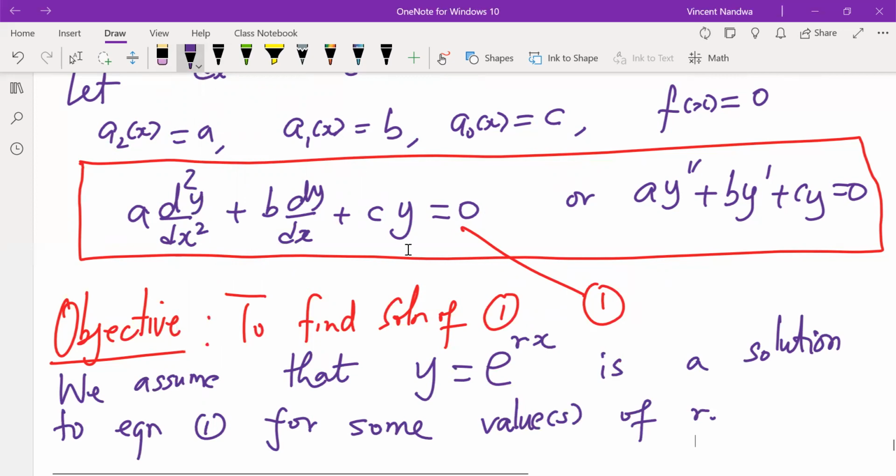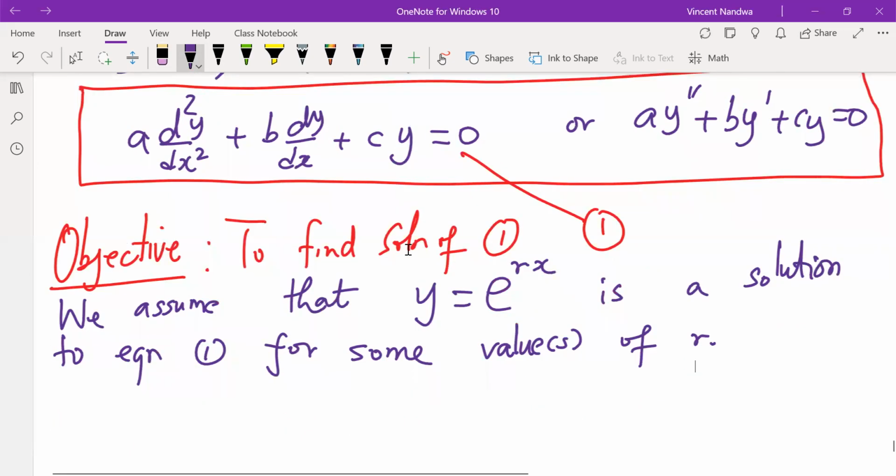Now, if y equals e raised power rx is a solution, and because we have a first derivative and second derivative, then it means that if we differentiate the function once and then twice and replace into equation 1, then the left-hand side should simplify to 0.